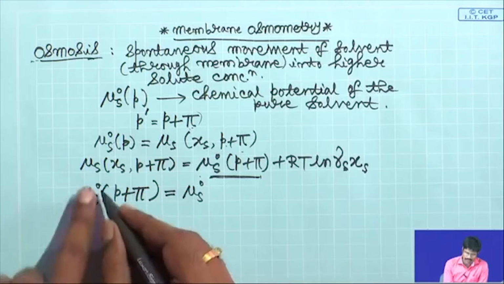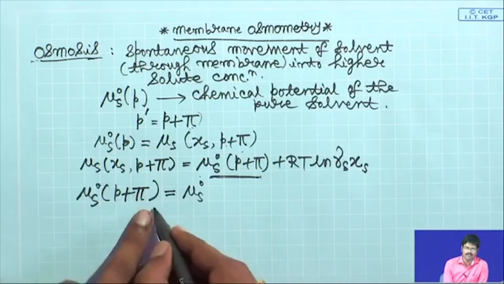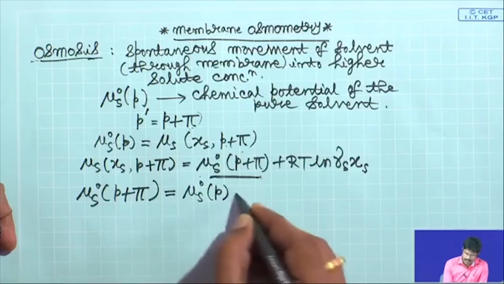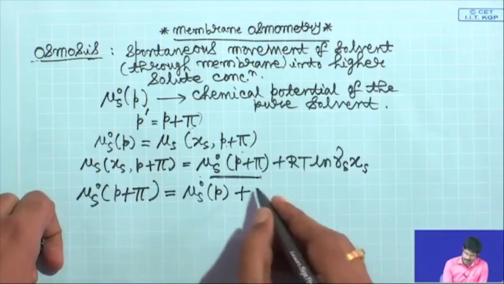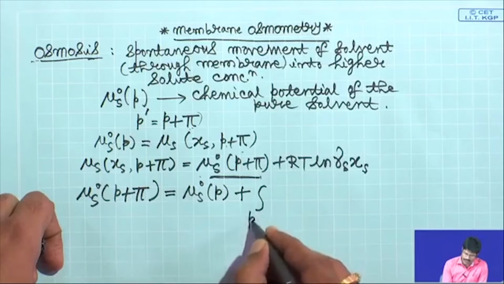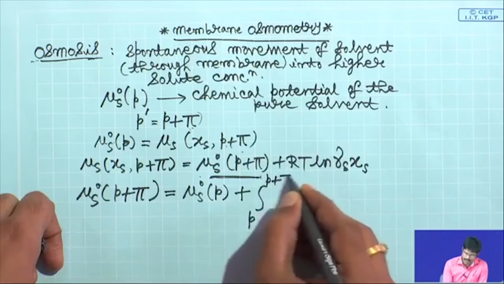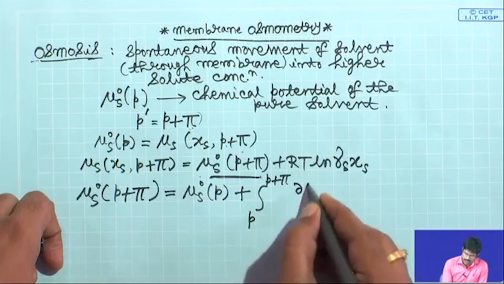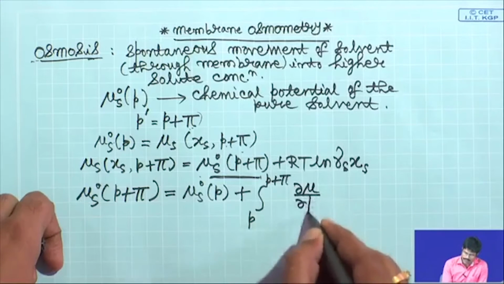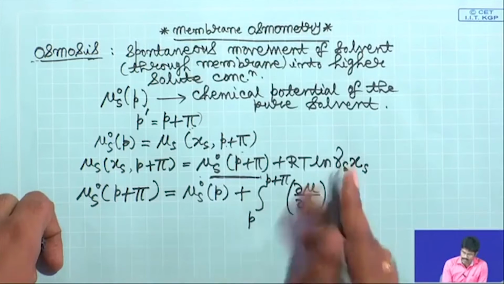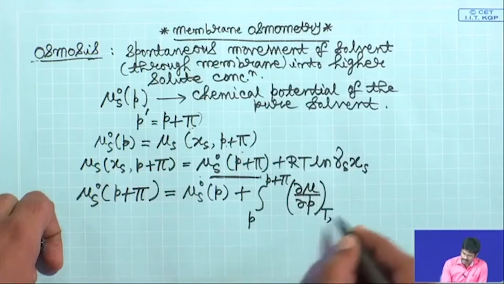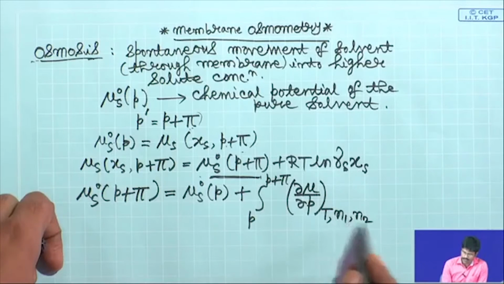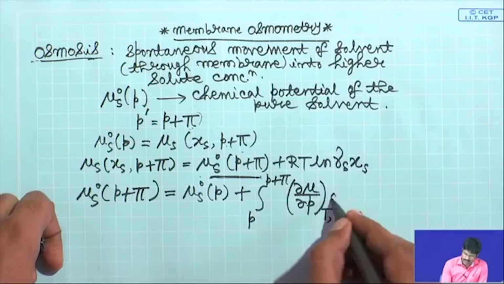So, the chemical potential of the pure solvent at pressure P plus pi is equal to the chemical potential of the pure solvent at pressure P plus some work, because you have to do work in order to increase the pressure from P to P plus pi. That work is equal to del mu del P, since you are changing the pressure while the temperature and the number of moles of solute and solvent are constant, into dP.